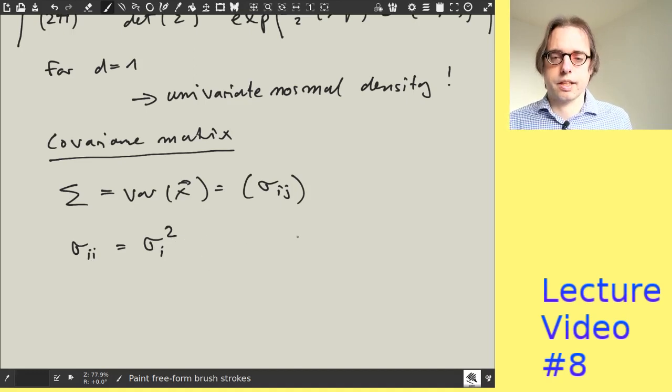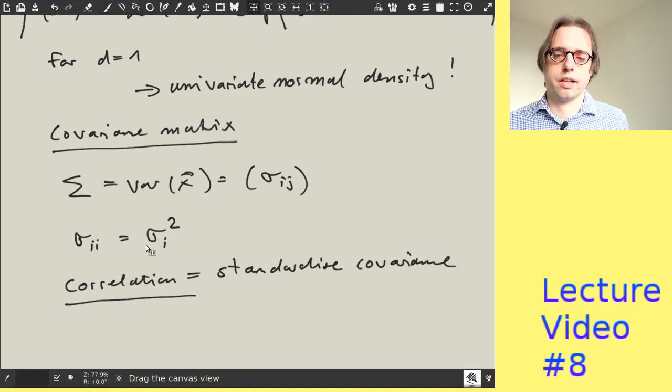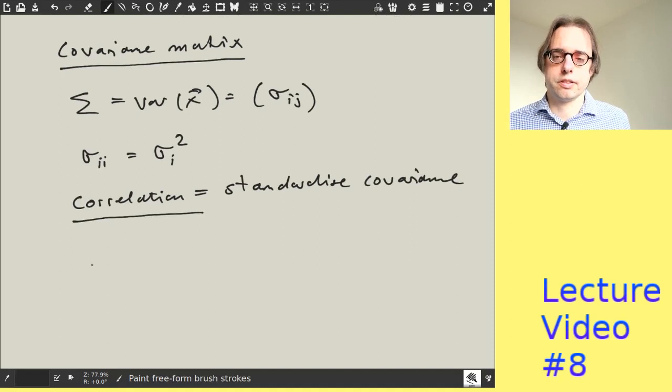And we can now define something called a correlation. A correlation is a standardized covariance, and it's defined as follows.